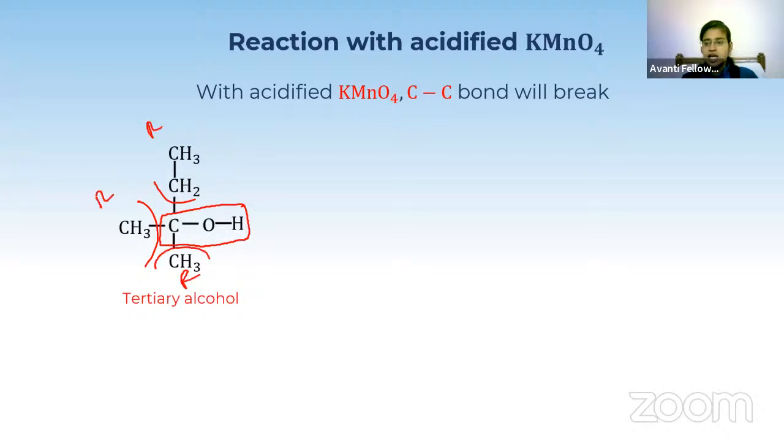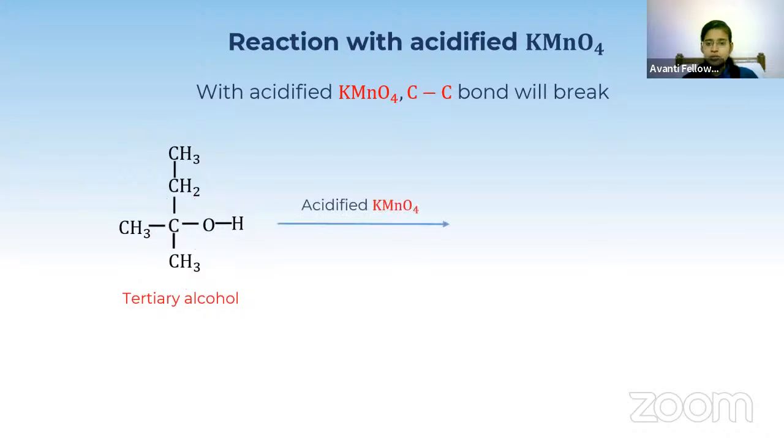If this particular alcohol is treated with acidified KMnO4, there will be the breakage of the CC bond. So which carbon-carbon bond? This one. This carbon-carbon bond will get cleaved and we will get CH3, C double bond O, CH3.